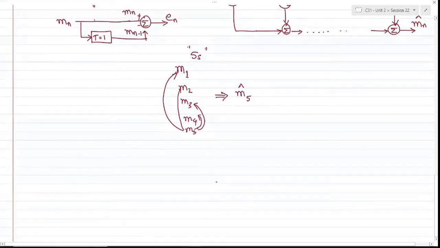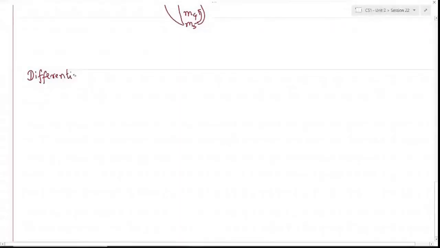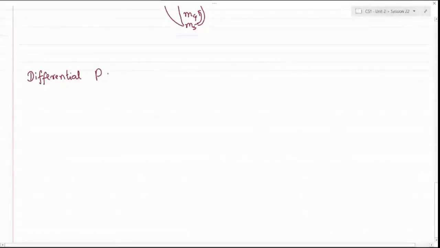Okay, fine. So with this idea in hand, we'll define our new pulse code modulation technique, which is known as differential pulse code modulation.